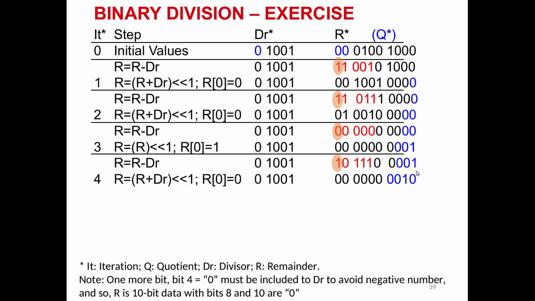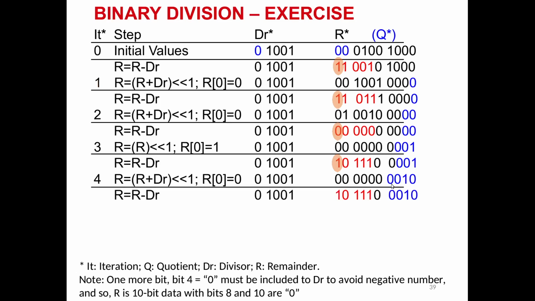And for the value of Q, this bit of 0 will be pushed to the right. And so R is now 0 0 0 0 0 0 0 0 1 0, in which these 4 bits 0 0 1 0 are the current value of Q.